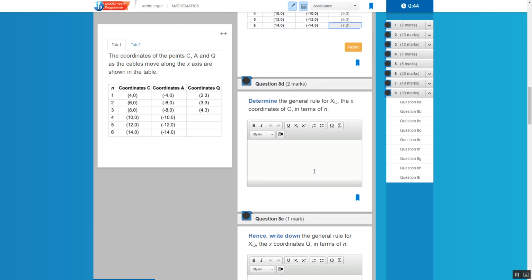Pattern of the general rule for C in terms of n. So it's going up. It's an arithmetic sequence 4, 6, 8, 10. It's going up by 2 each time. It's going to be 2n plus 2.